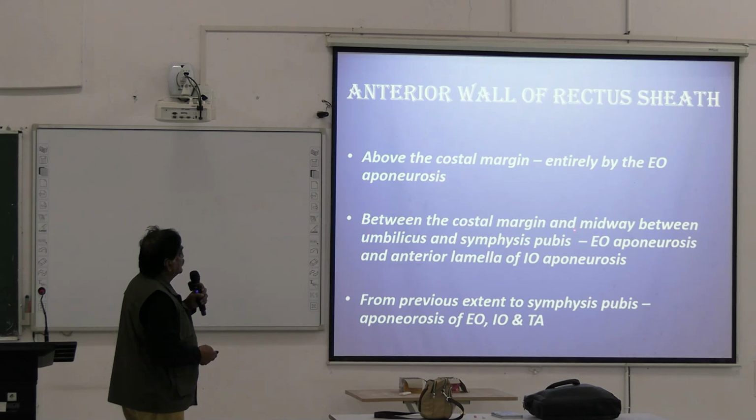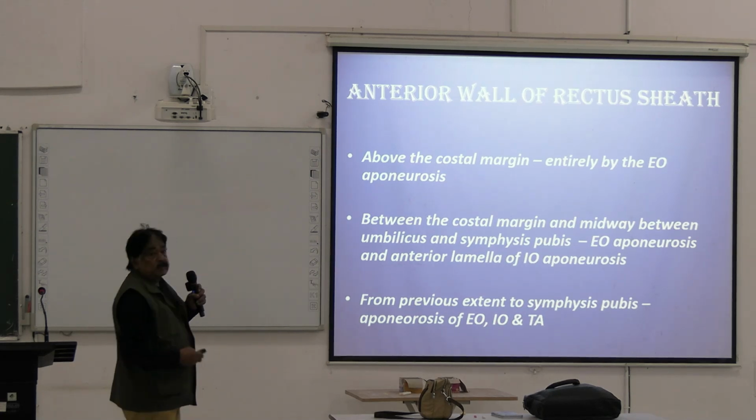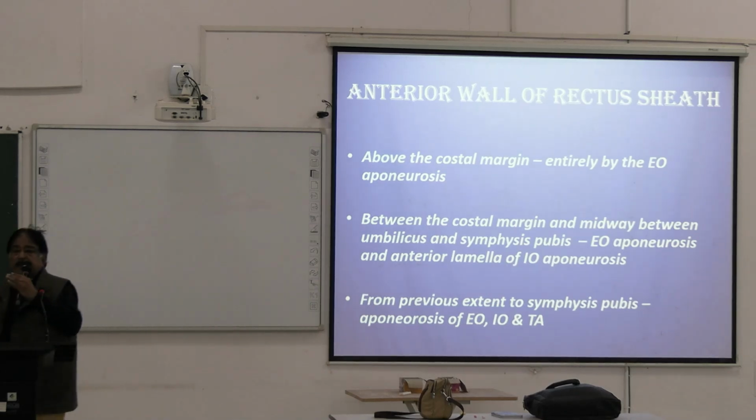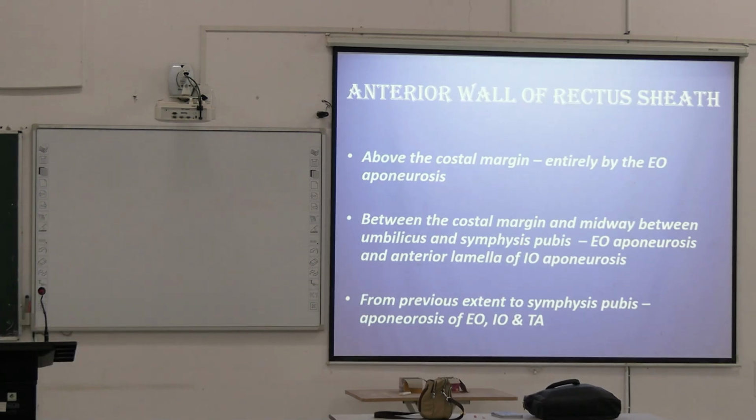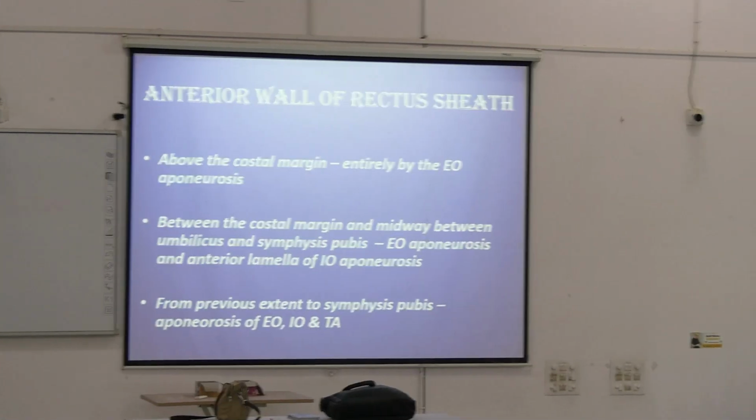Between the costal margin and midway between the umbilicus and symphysis, external oblique aponeurosis and anterior lamella of internal oblique aponeurosis. From there to symphysis pubis, aponeurosis of external oblique, internal oblique, and transversus. You dissect a part and see for yourself.